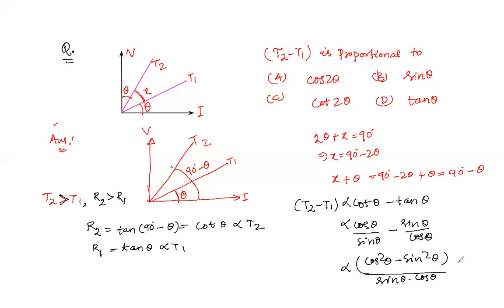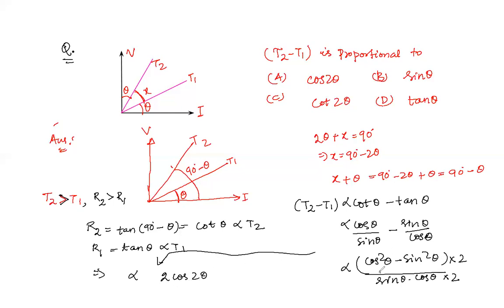Okay, now for computational ease, I am going to multiply 2 in the numerator and 2 in the denominator. So this is going to be directly proportional to 2 cos 2 theta.